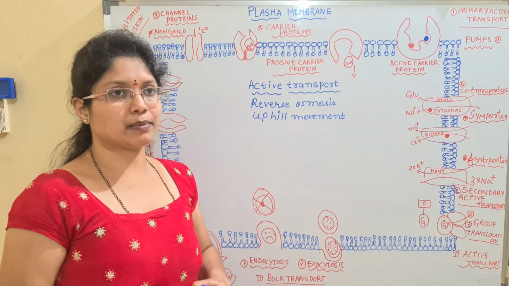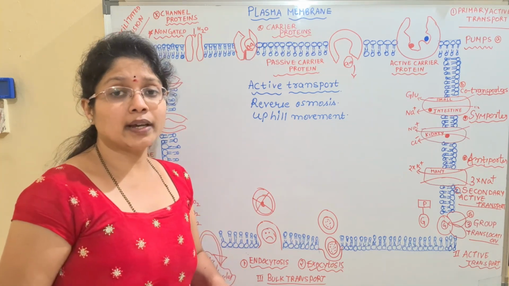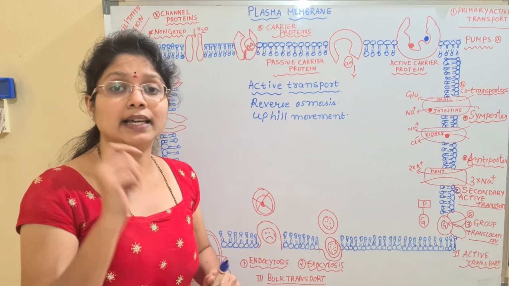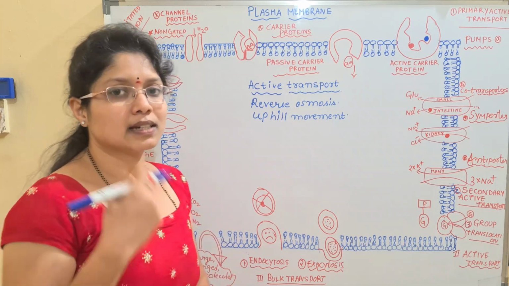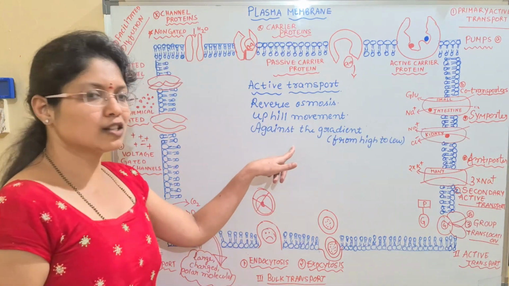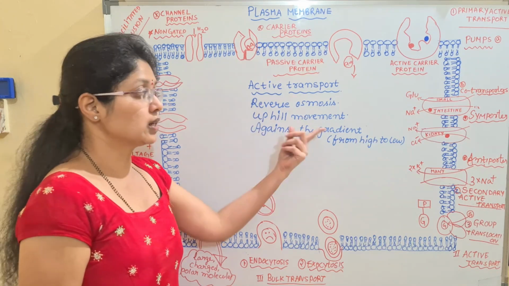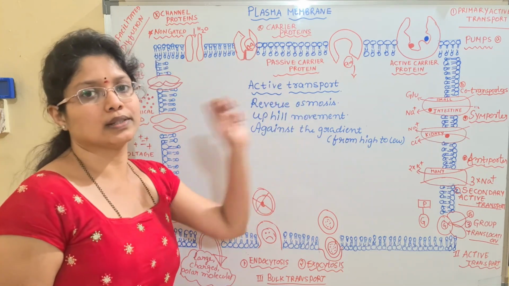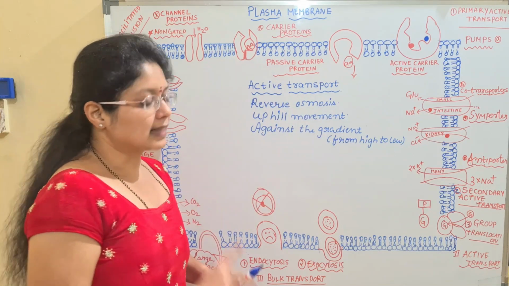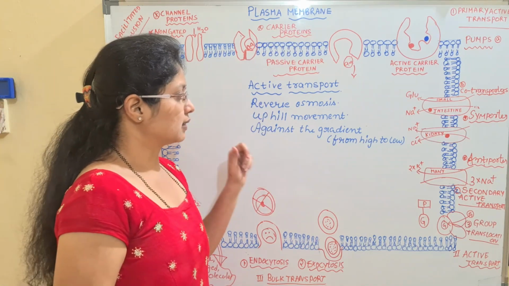The gradient is definitely present, but the molecules are not moving along the gradient, they are against the gradient here. So, clear with this point? It is against the gradient, it is uphill movement, it is called reverse osmosis.